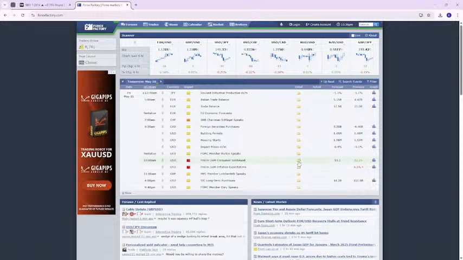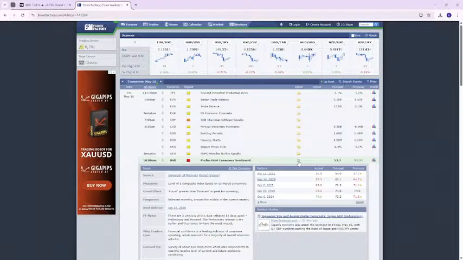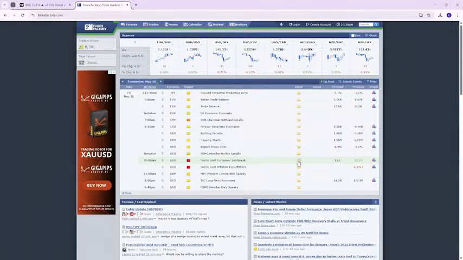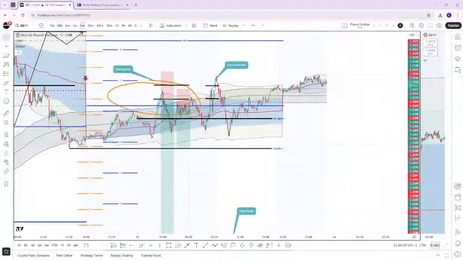UOM sentiment at 10. Consumer sentiment, University of Michigan at 10. So keep that in mind. Red folder news, Euro trade balance, that's at 5. So there's no real big news for London session. Good. Might be a clean day.